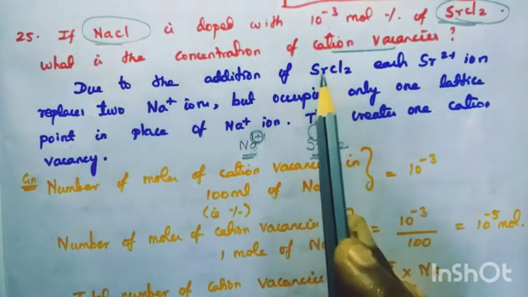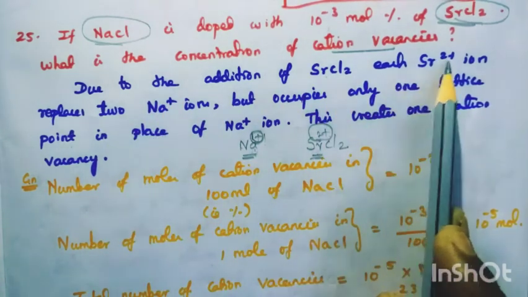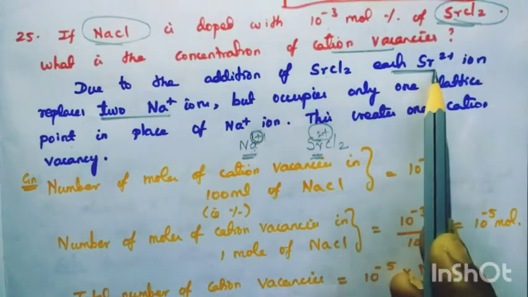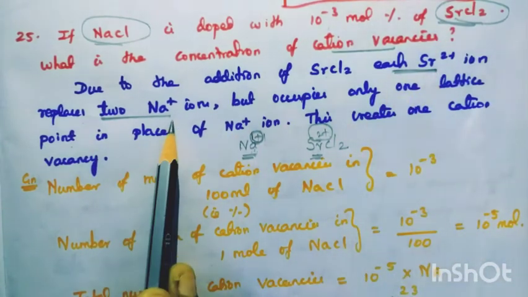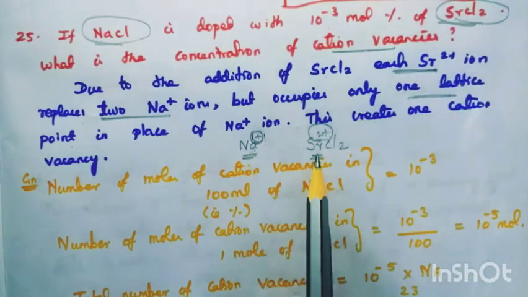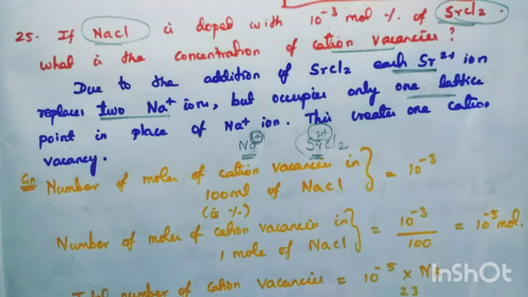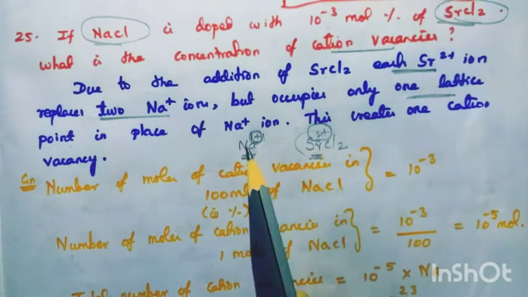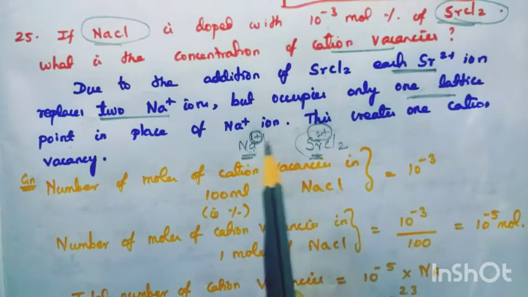So, due to the addition of SrCl2, each Sr2 plus ion replaces 2 Na plus. So, 1 Sr2 plus replaces 2 Na plus ions, but occupies only one position, because only one Sr is there, no? But the oxidation state varies. Due to the variation of oxidation state in Sr, it has to replace 2 Na plus, but it can occupy only one site.